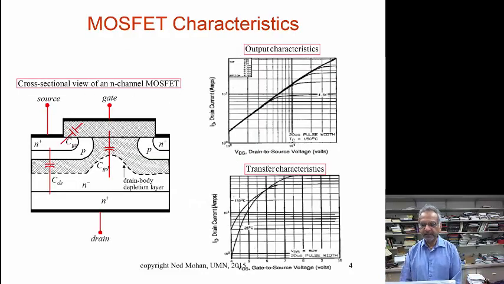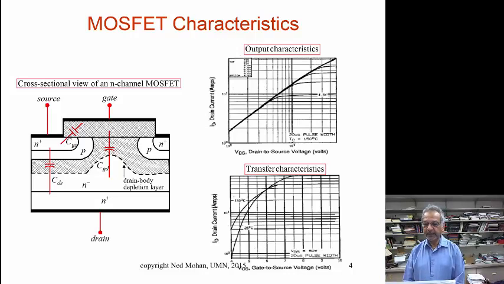So the objective of this module here is really not to go into the device physics, which Professor Robbins covers. So here we look at a cross-section of this MOSFET, and the device physics can be understood in terms of these capacitances that are shown between the drain and the source and the gate terminals.